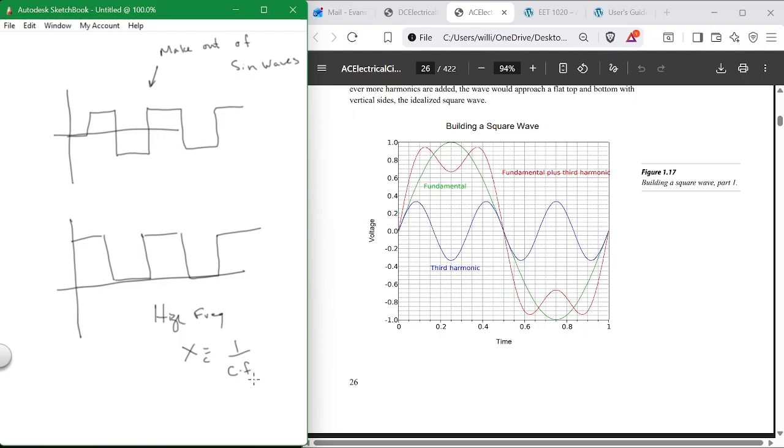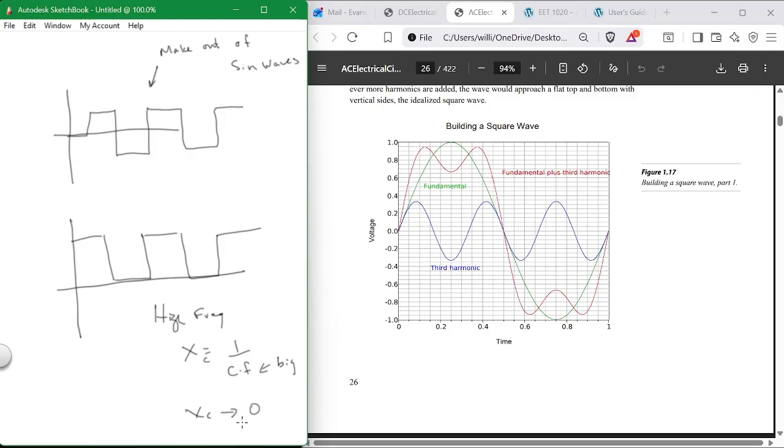As the frequency gets higher, what happens to the impedance of a capacitor? If I have a number in here and it gets extremely large, what happens to X sub C?